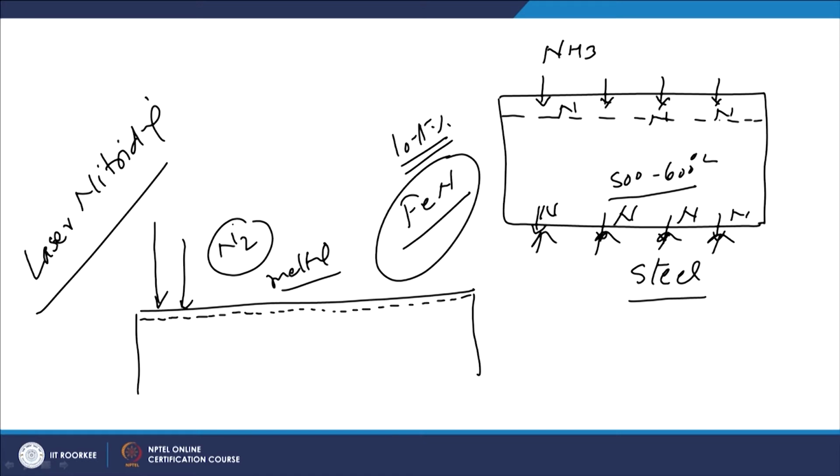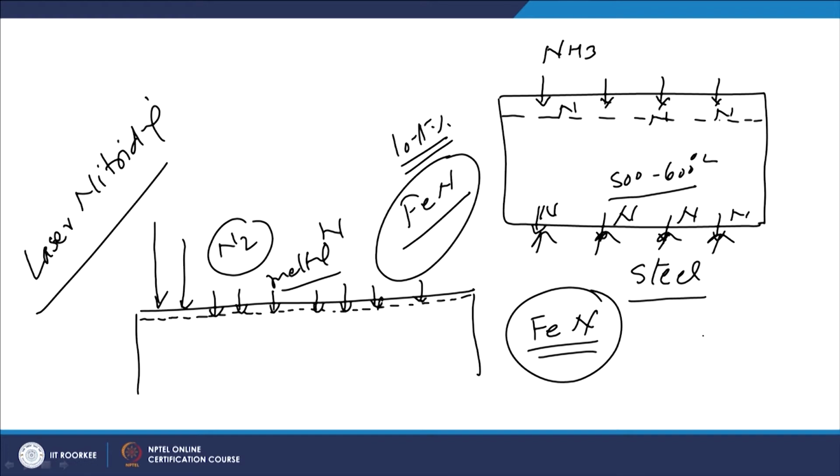The nitrogen is introduced in the surface and near surface layers, and thereby forms iron nitride. We have also seen that if the steel has alloying elements like aluminum, chromium, vanadium, then the nitrides of these elements are harder and stronger, and more stable. So, the effectiveness of the nitriding process is much better.